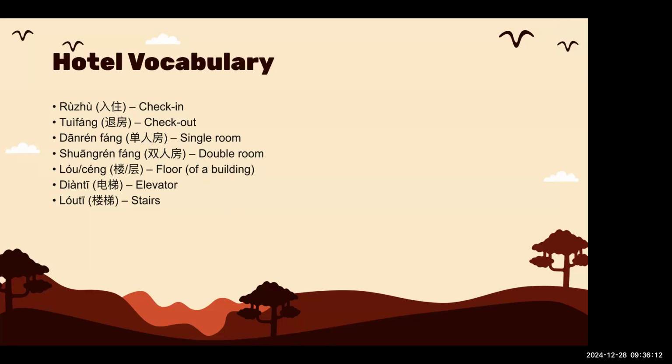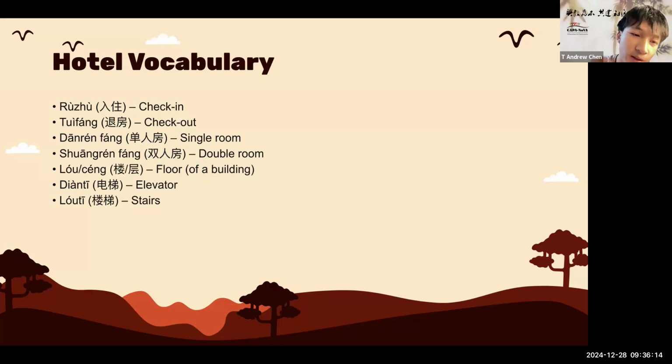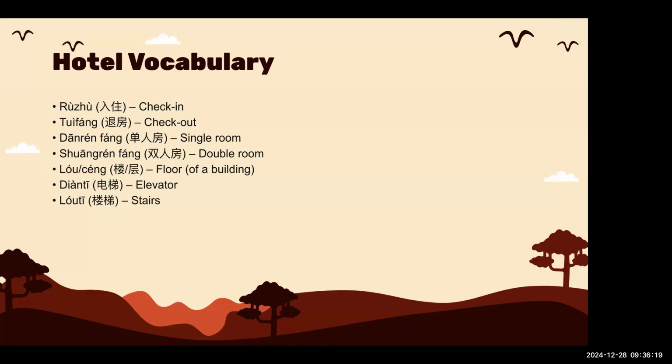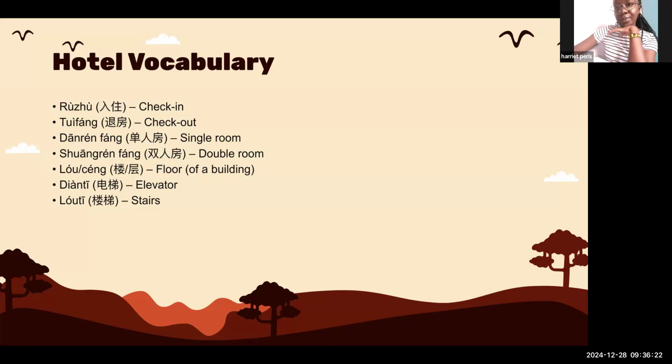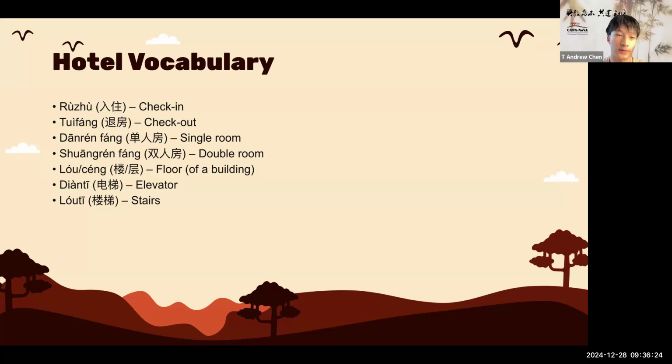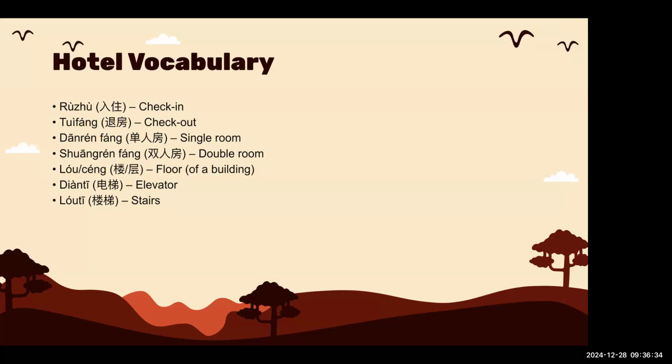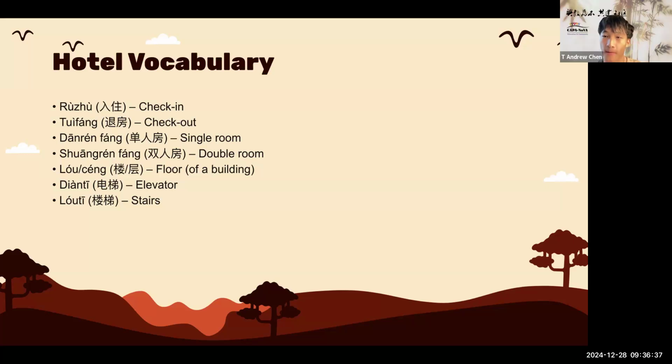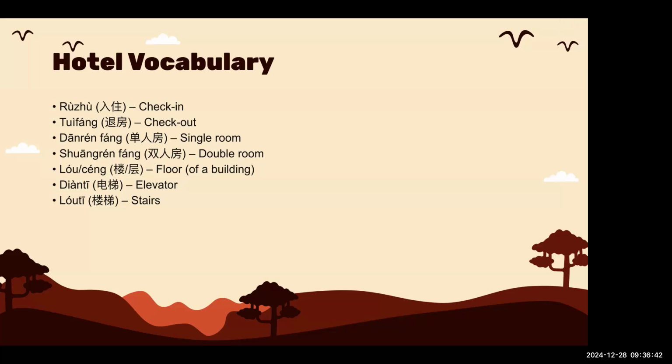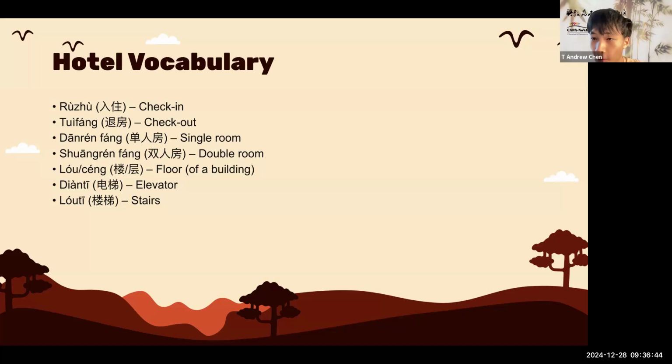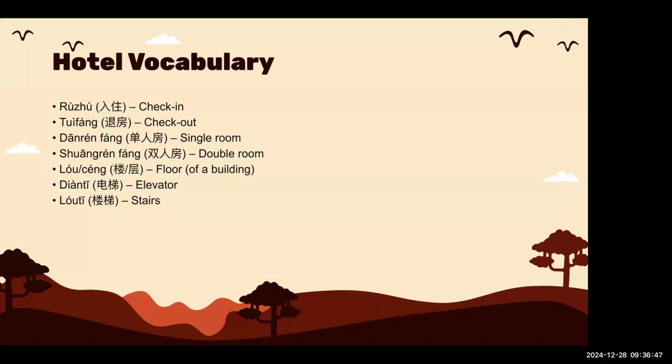All right. Floor of a building. You can say 楼, 楼层, or 层. So if I wanted to say go to the second floor, that would be 去二层 or 去二楼.